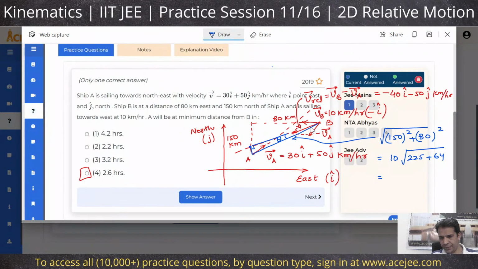The distance, 17 into 10, 170 kilometers. What does this angle theta come out to be? Acha, what is the cos theta? What did you get as the cos theta?